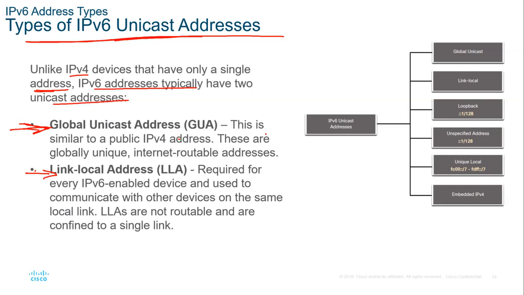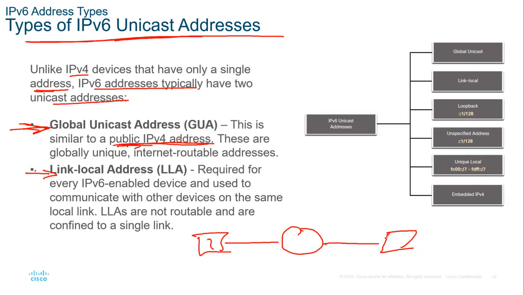So the global unicast address is similar to a public IP address. Then the link local address is required for every IPv6 enabled device and is used to communicate with other devices on the same link. So if I have a PC here connected to a router, and then this router connected to other PCs.